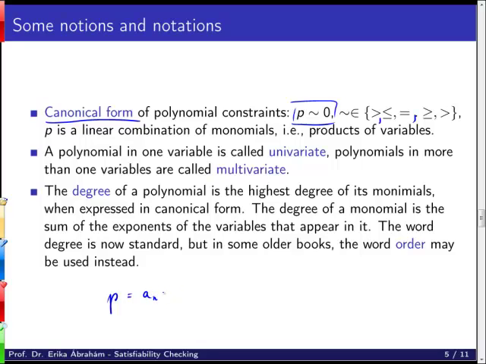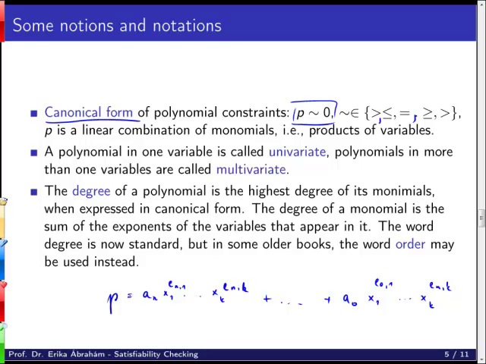Let's start with n. And I have here the variables x1 to xk, let's say I have k variables, and they all have some exponents, where these coefficients might also be 0.